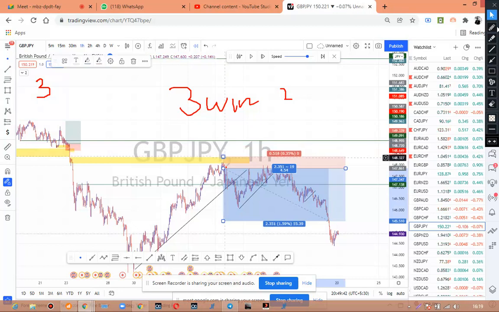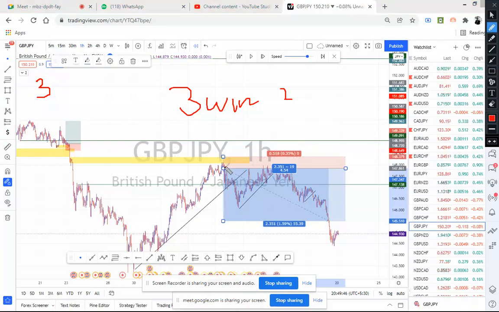For instance, the stop loss will be too tight, right? If the market hits the stop loss, you lose up to 20 or 30 pips. But the wins that we had are more than that. That means you're still profitable. Even though you have three wins, two losses, you are still profitable because the wins that you have are more than your losses.